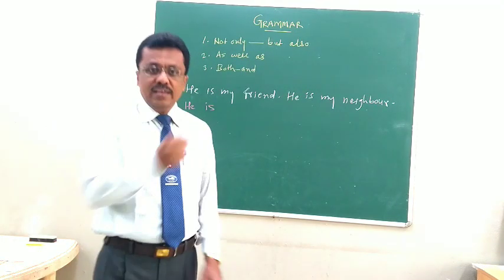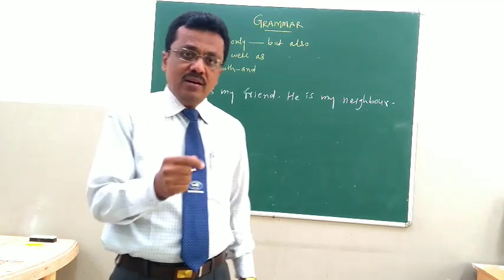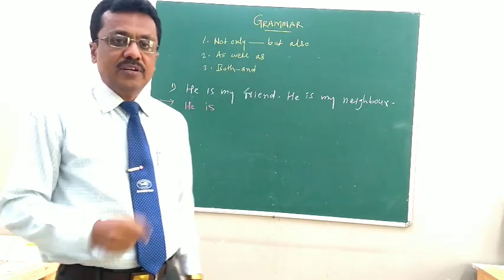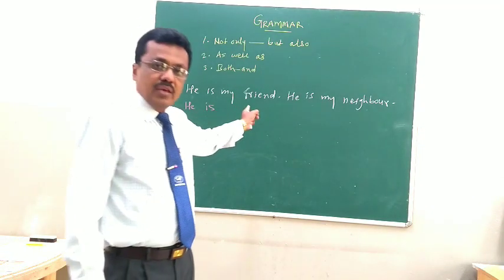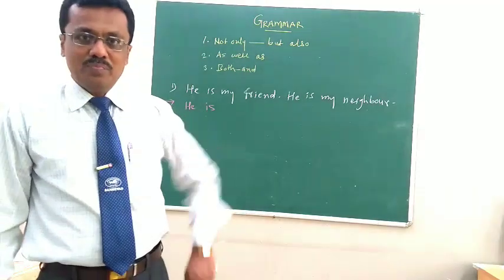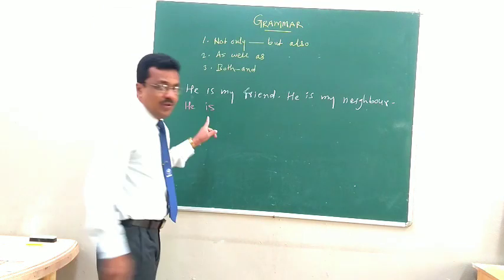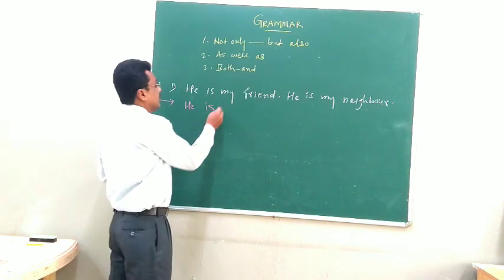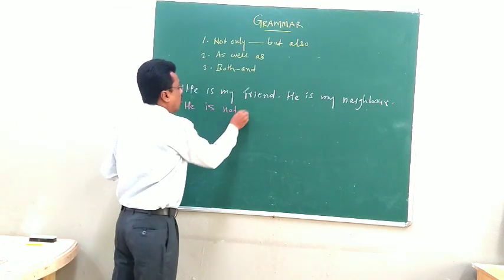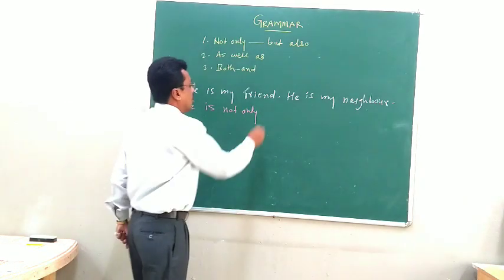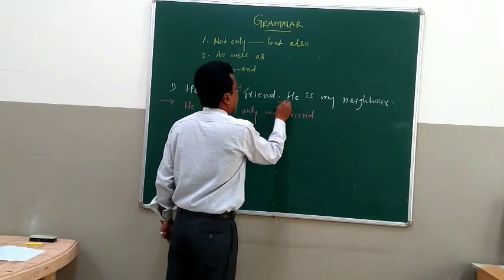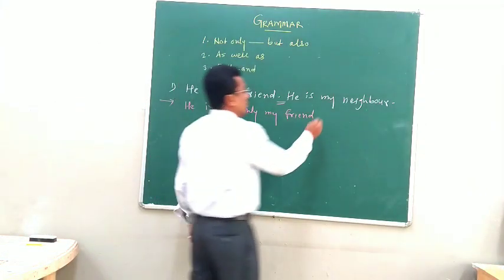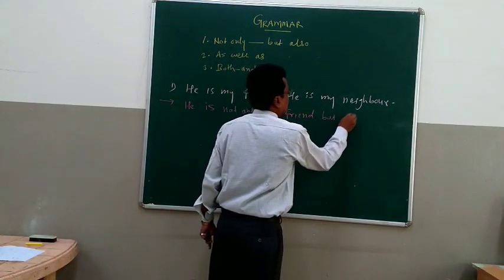There is a rule in English: while making not only but also, you can use not only after the helping verb or main verb. So, in this sentence, the helping verb is given. After is, not only, he is not only my friend. In place of the full stop, you have to use here but also.